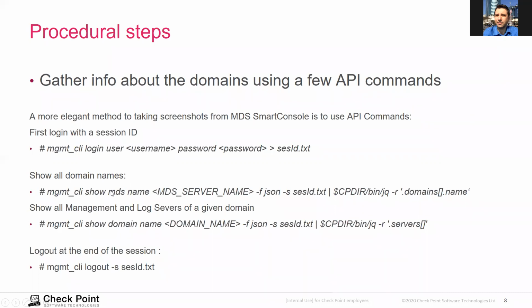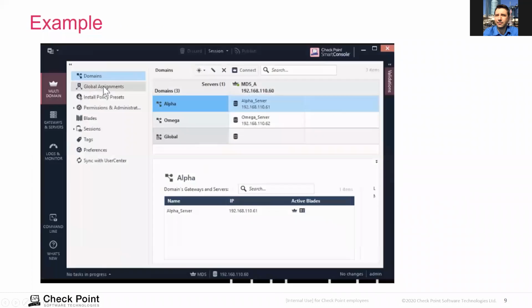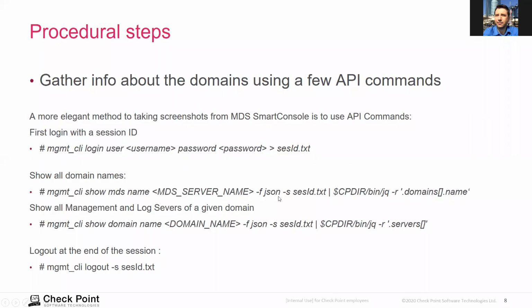One of them is to get the MDS domains. With this command, we're able to get the domain names, and also the servers' information. So you get the IP address and the name of the servers for each domain.